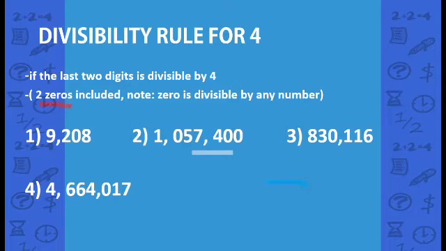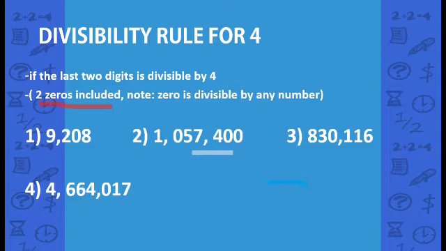Another, 2 zeros included. Note that 0 is divisible by any number. So, if the number ends with 2 zeros, then that number is divisible by 4. So, let's see if the given examples below are divisible by 4.